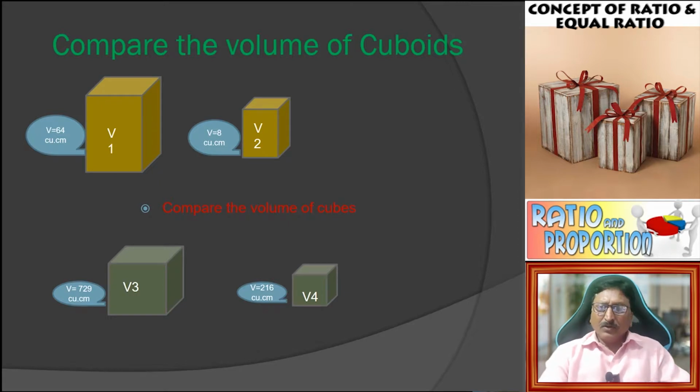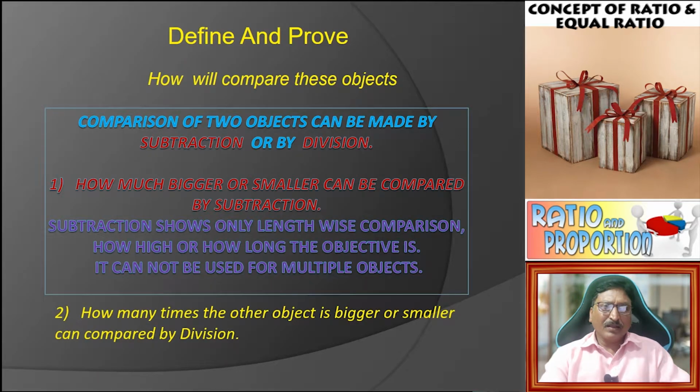Now, to clear the concept of ratio, how to write it, how to consider it, how to understand this, we can see the further slide now. Comparison can be made by the subtraction method or a division method.